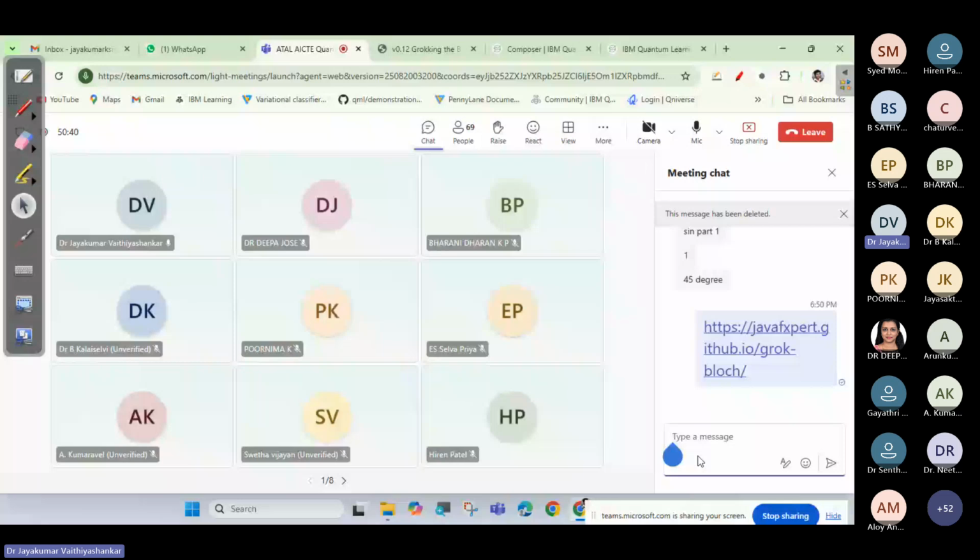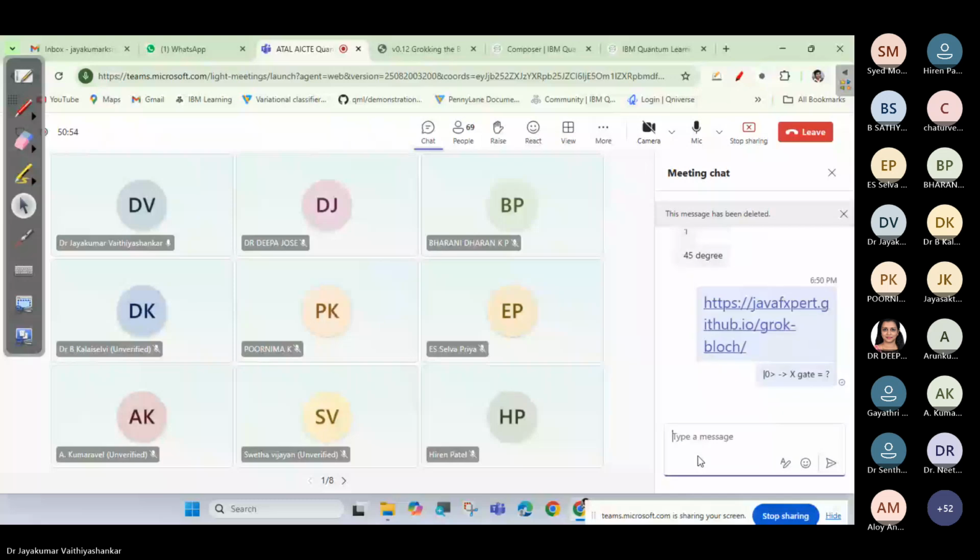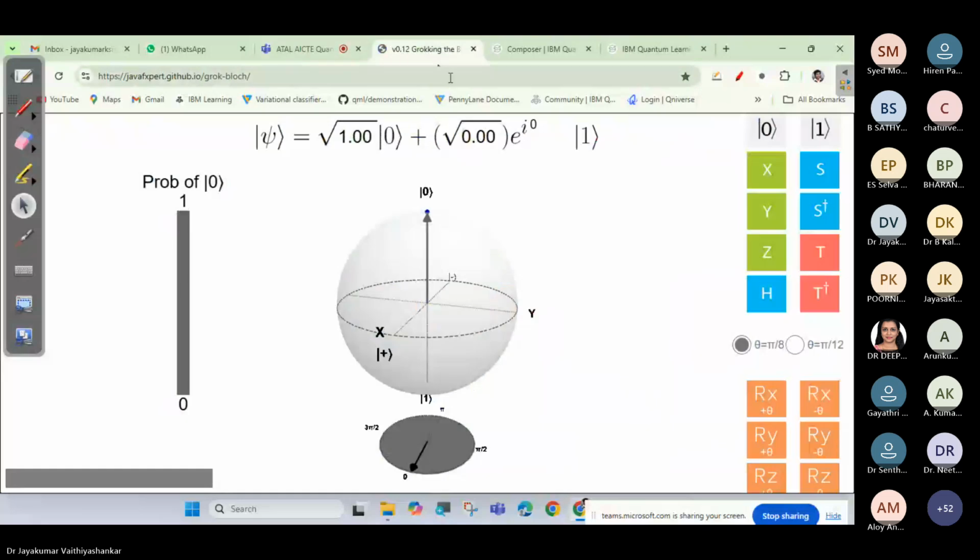I'll represent it in this way: state 0, then I am applying the X gate. Where does it go? Click state 0, click X gate, and observe where it goes.